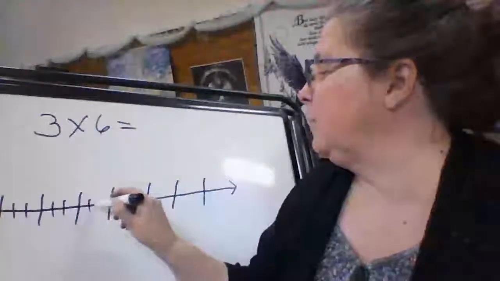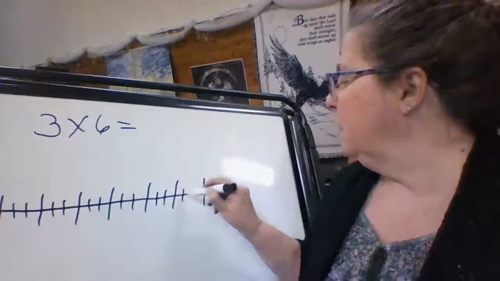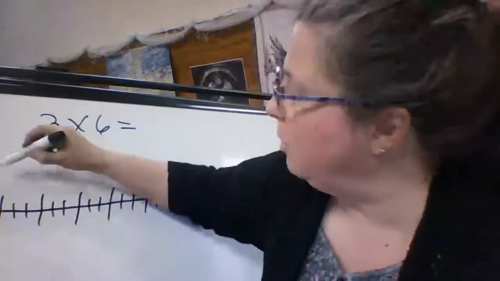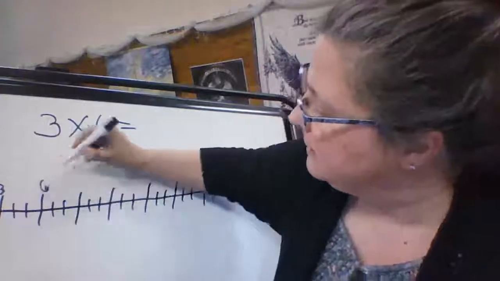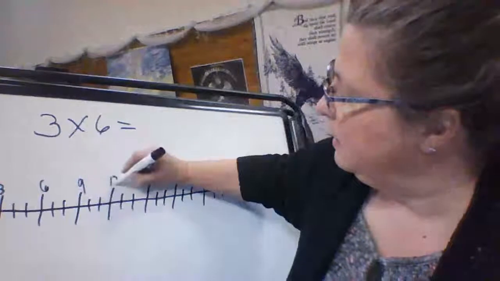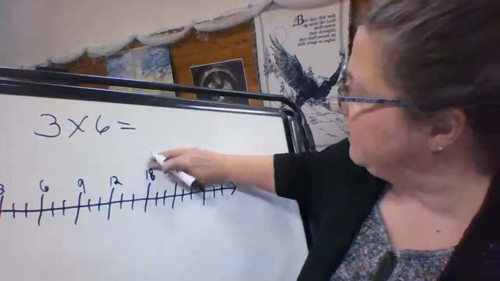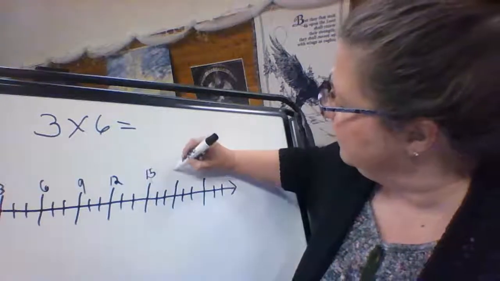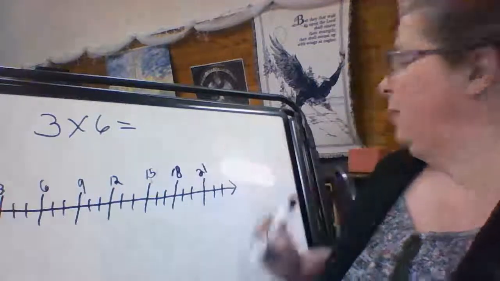We're going to practice a little bit of skip counting, and I'll show you how if you don't remember. So 0, 3, 6, 9, 12, 15, sorry, got ahead of myself, 15, 18, and 21.